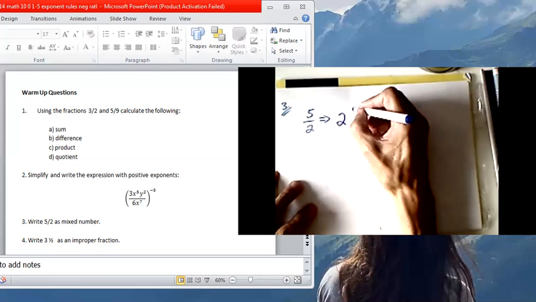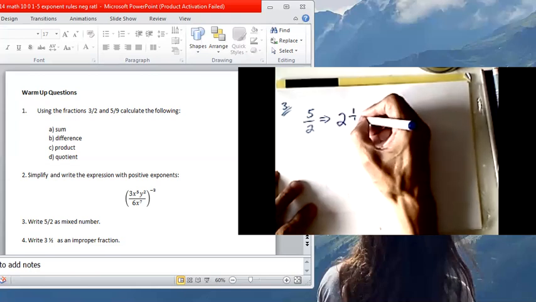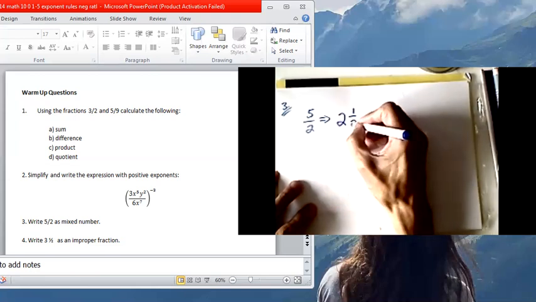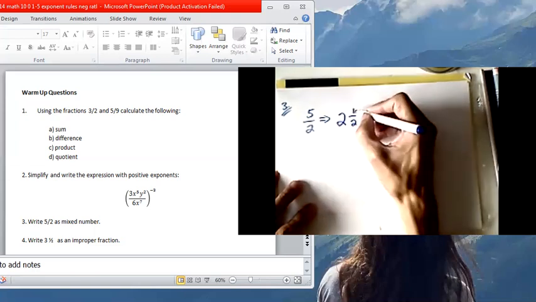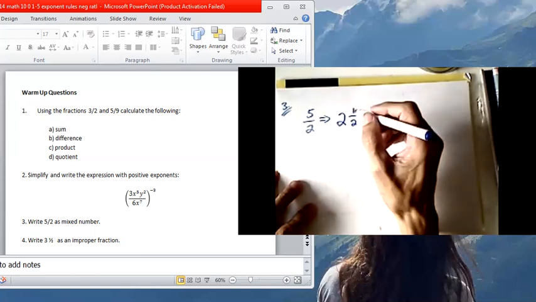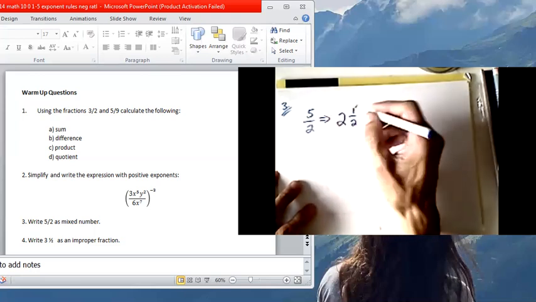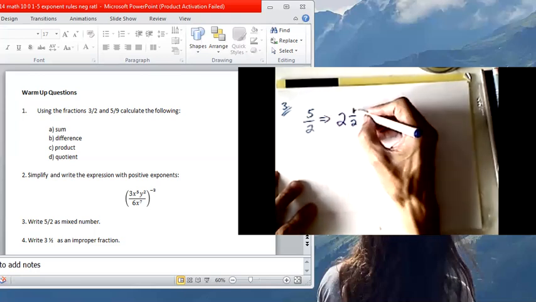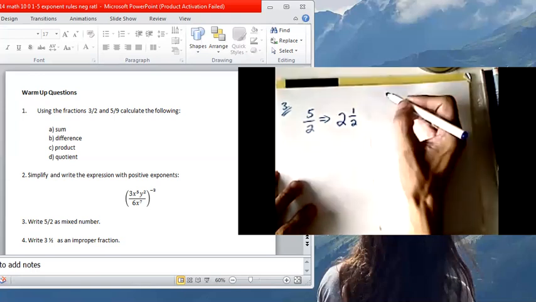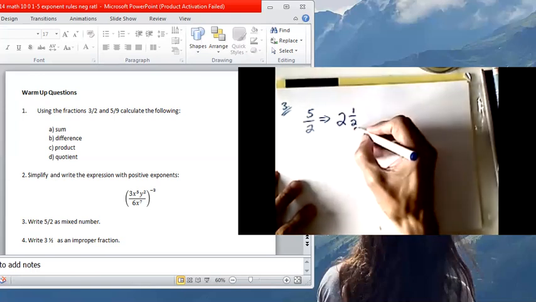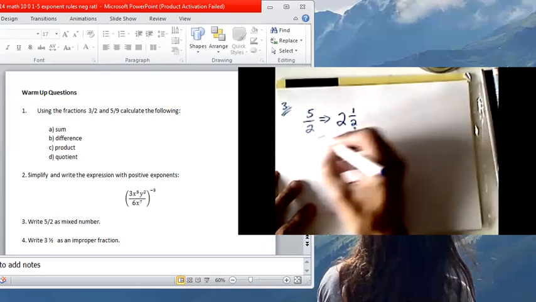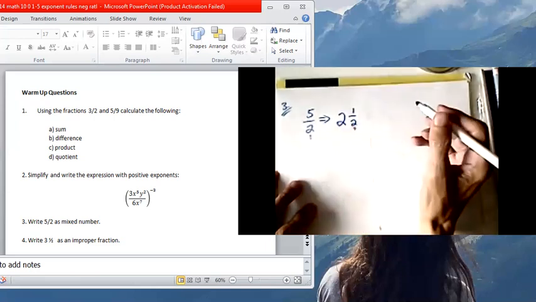And that 1 extra is written like this: 1 over 2. 5 divided by 2 gives you 2 with 1 extra. This number 2 is just that number right there.